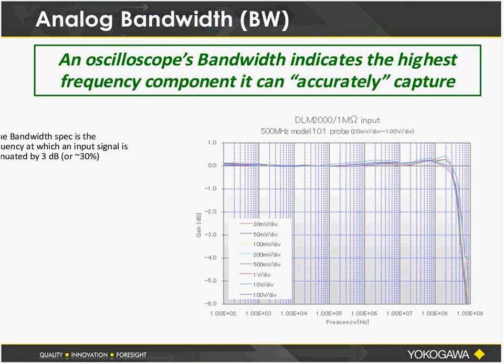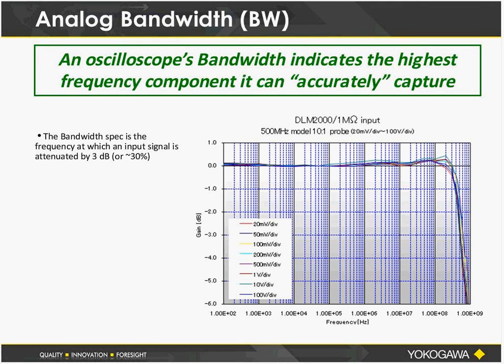And I put quotes around accurately because the technical definition means that this bandwidth spec is the frequency at which the input signal is going to be attenuated by 3 dB. So 3 dB actually corresponds with about a 30% drop in amplitude.